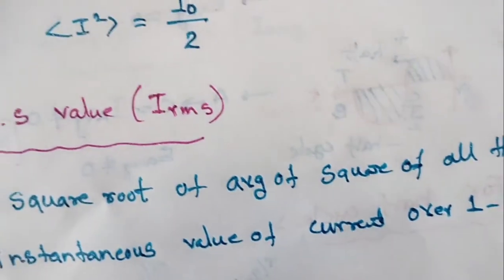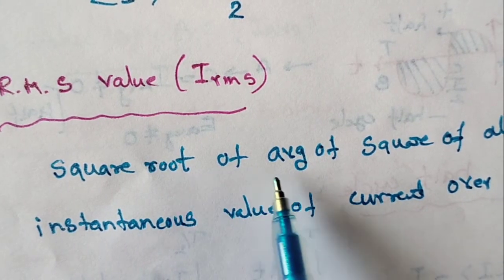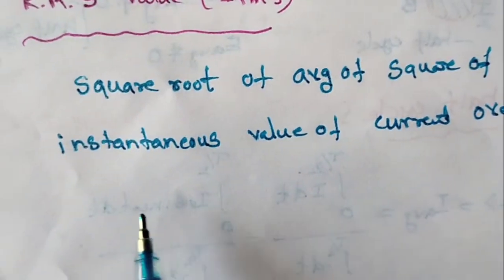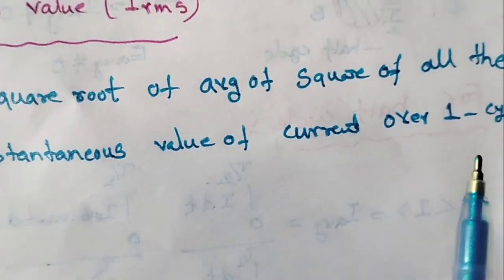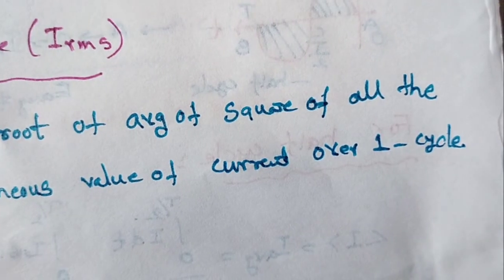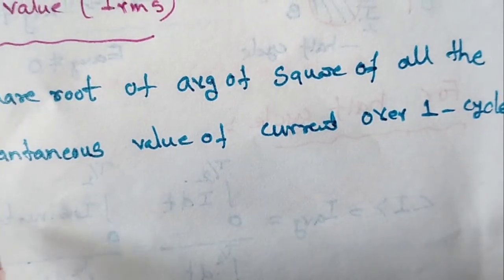So this is called the general definition of RMS value. So what is the RMS value? It is the square root of the average square of all the instantaneous values of the current over one complete cycle. But in the mathematical orientation, it is a simple I square.